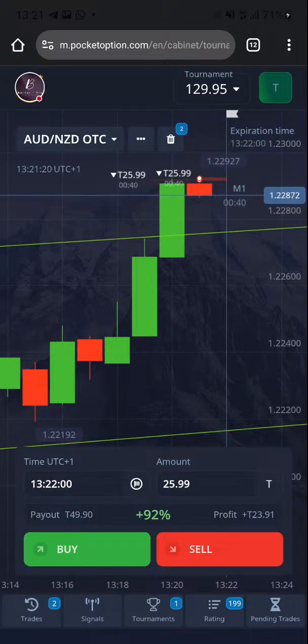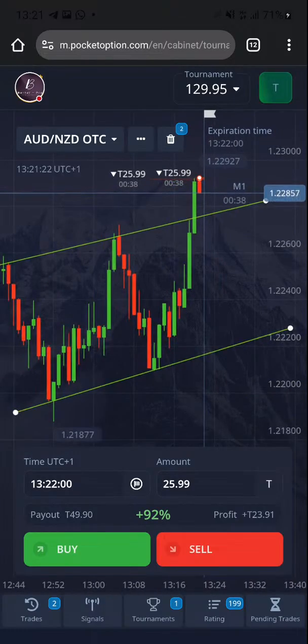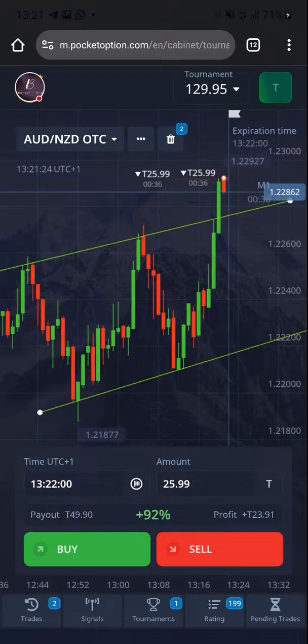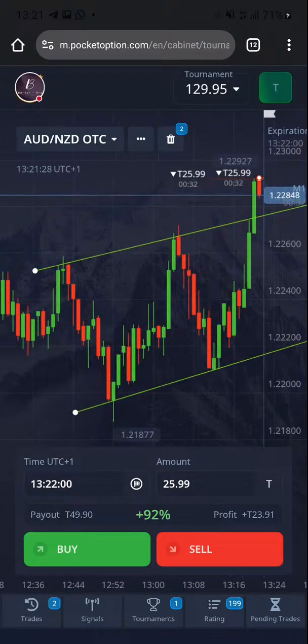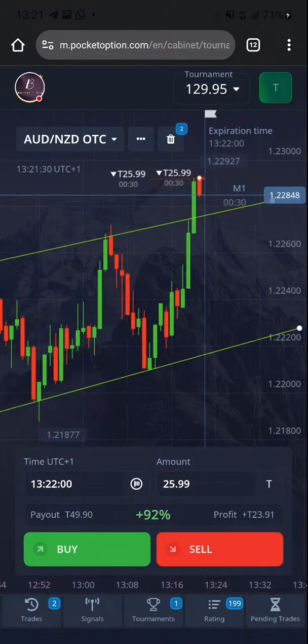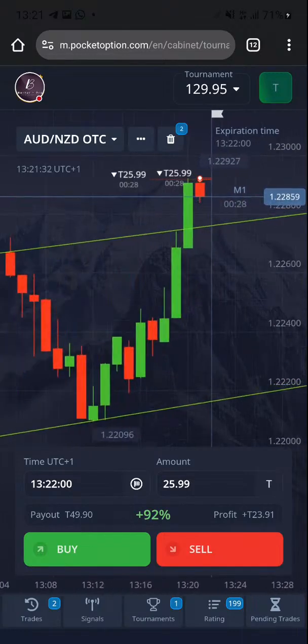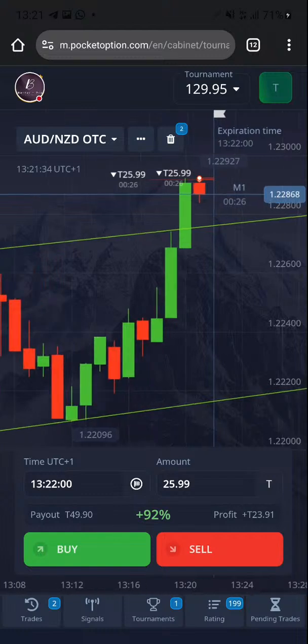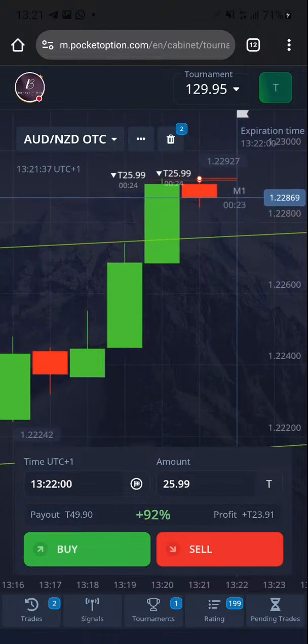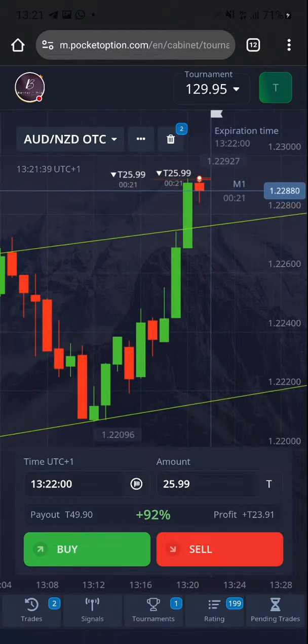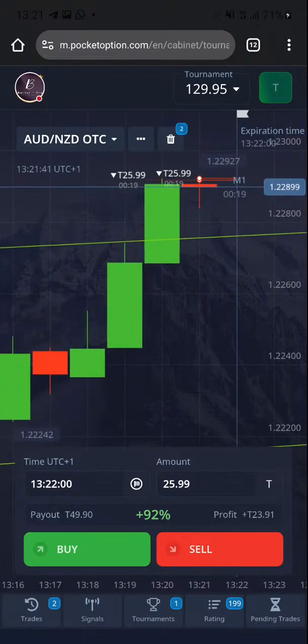I'll tell you why I took this trade. Normally, this is a seller's entry. You can see the sellers came in the first time, the sellers came in the second time. So I was expecting the sellers to come in here, especially on this round number, but for some reason they decided to push further again. So I'm expecting the sellers now.